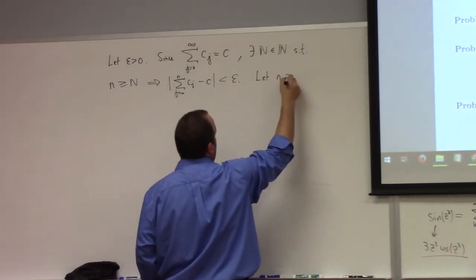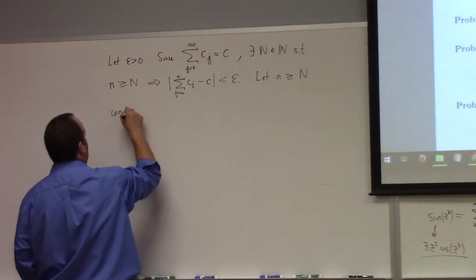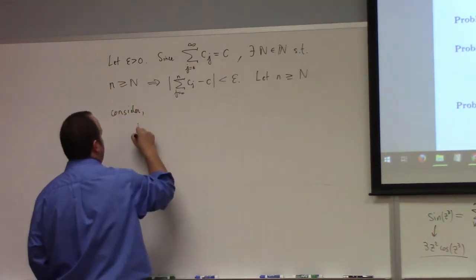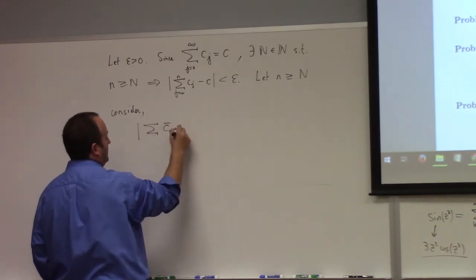Let n be greater than or equal to n. Consider the modulus of the sum of cj bar minus c bar.